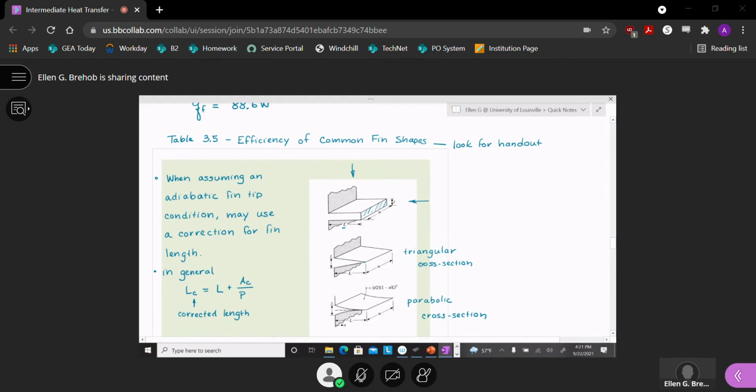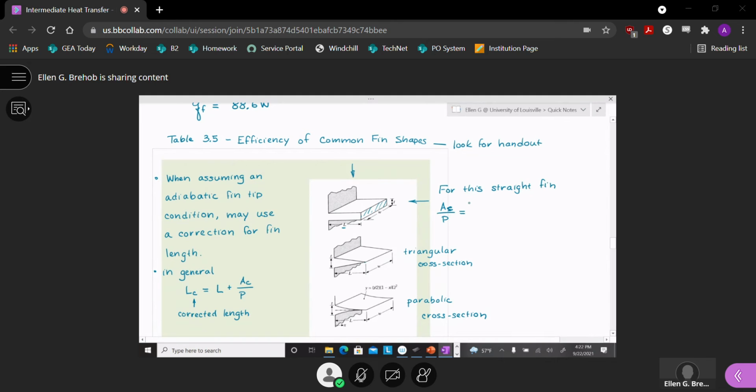So for this guy, if I wanted to figure out the corrected length, I would take cross section over perimeter.